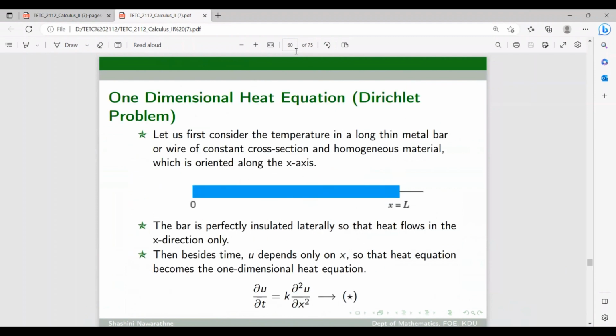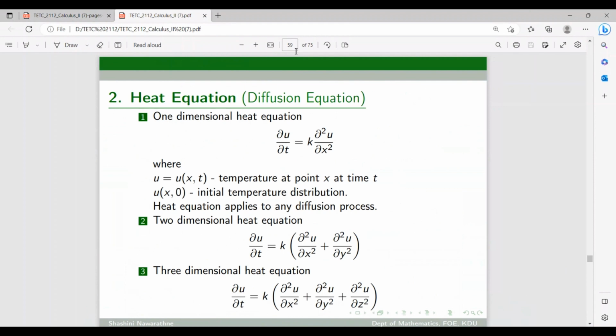Okay. So we are going to discuss this one-dimensional heat equation. A one-dimensional heat equation is a partial differential equation, and the purpose of defining it is to identify the heat transfer throughout a metal rod or a wire-like thing.